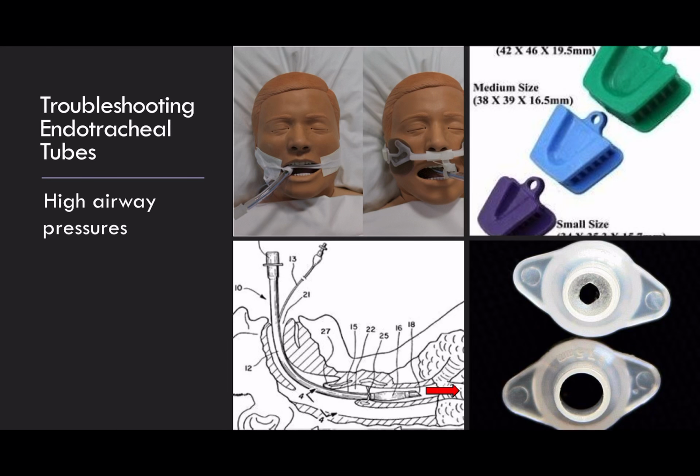The next problem is that the nurse might say that the patient intermittently is requiring high airway pressures, or continuously requiring much higher airway pressures. Now, there's a variety of different things that could be causing this, and this is by no means a comprehensive list. But one of the few things that you can deal with is whether the patient is biting down on the tube.